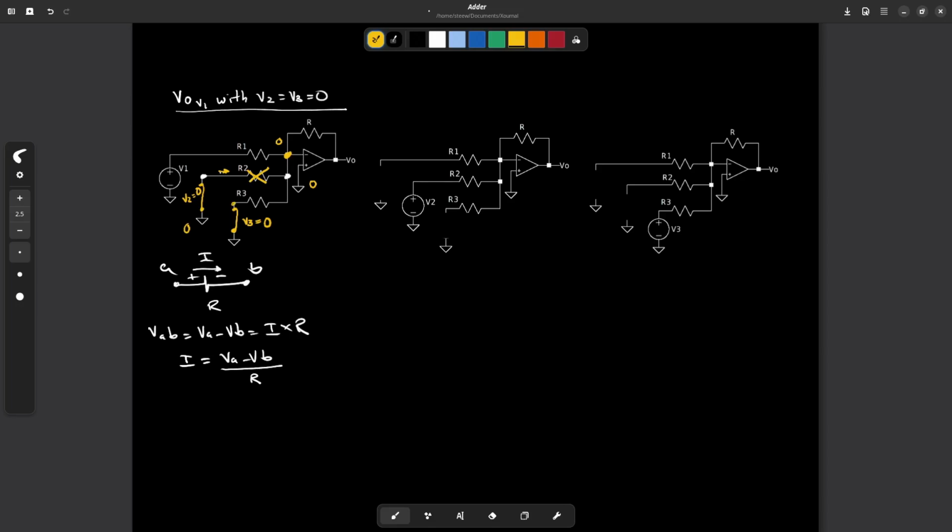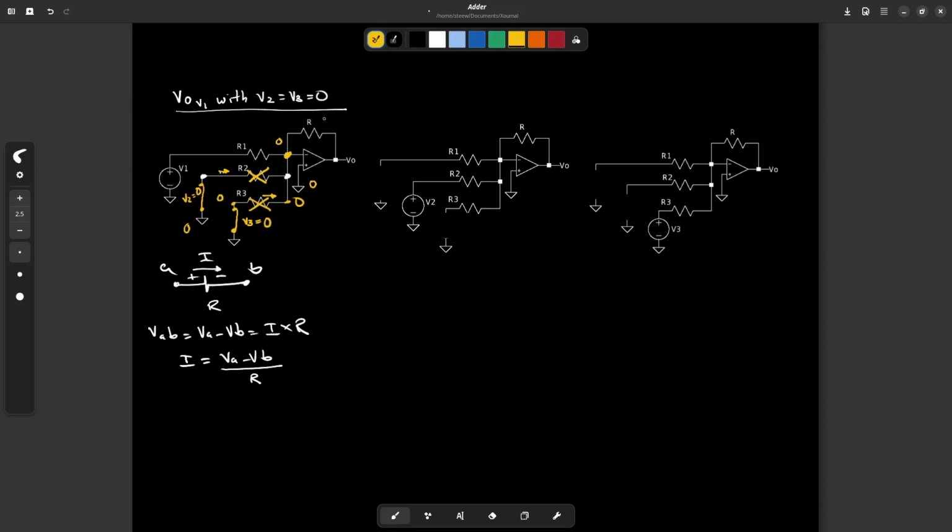This terminal of the resistor is at a voltage of 0 volt, the same as this. So the resulting current through this resistor R3 equals 0. So it is as if it didn't exist.